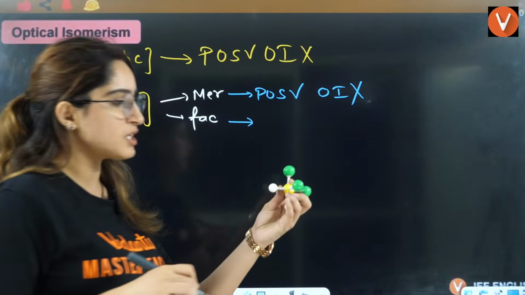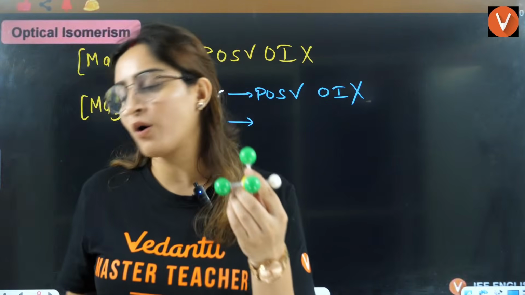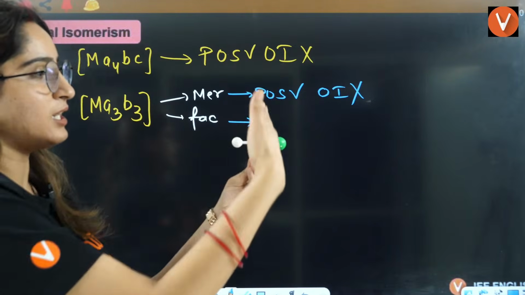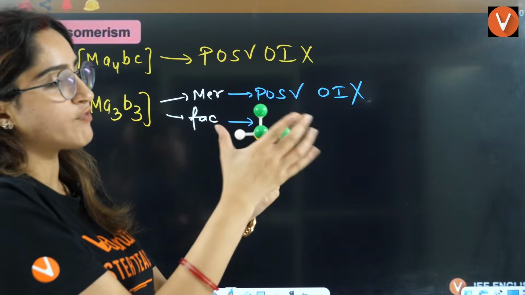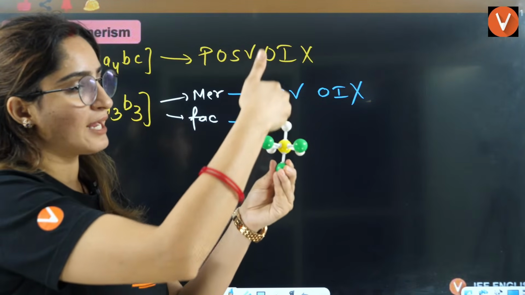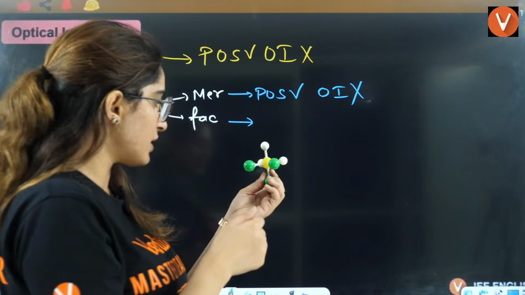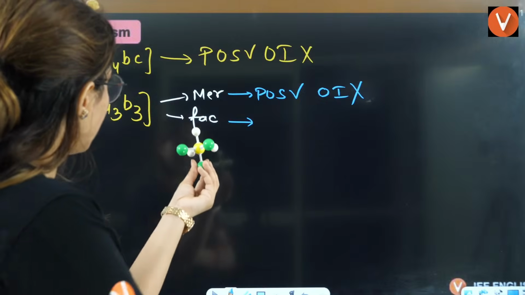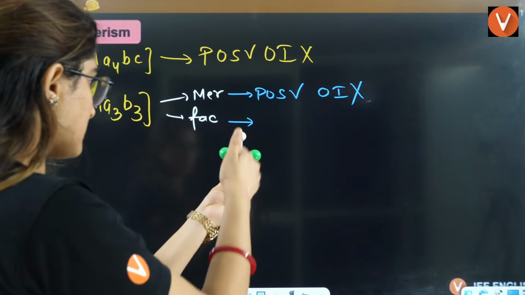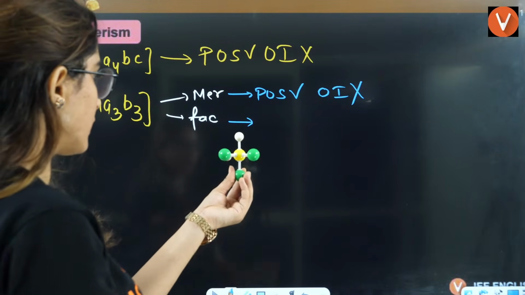But in facial, this is one face. If I pass the plane from this side, then this green and this white are not equal. Wait, if I pass the plane like this, it will cut into equal halves; these are equal, these are equal.